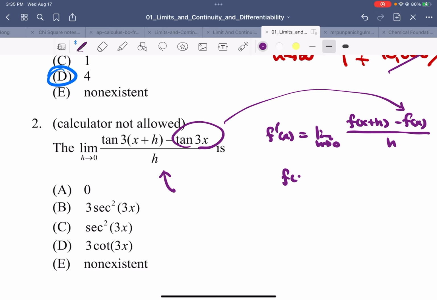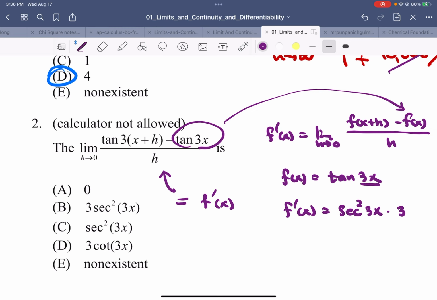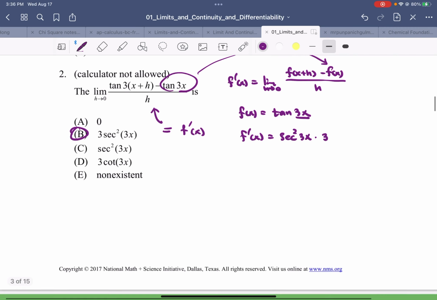So I'm going to say my f of x equals tangent 3x. So they ask you, this expression is the derivative of f of x, right? So when you take a derivative of tangent, tangent is secant squared 3x. But you have a chain rule. The derivative of 3x is a 3. So the answer is B.